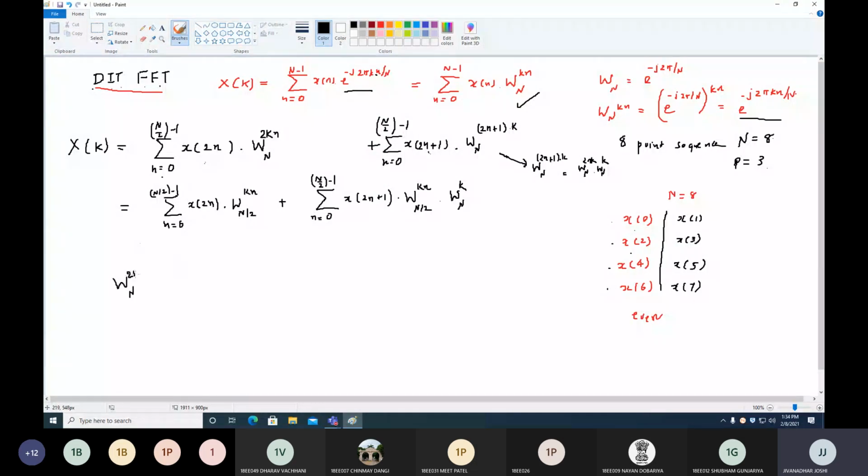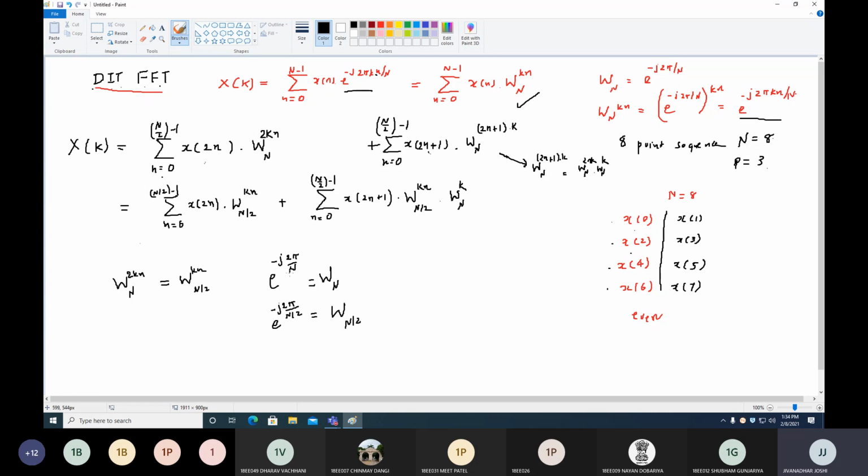W_N raised to 2kn is equal to W_(N/2) raised to kn. This is because of the notation we have taken. We know that we are referring to W suffix N as e raised to j 2 pi by N. So if I want to write down W_(N/2), this should be equal to e raised to j 2 pi divided by N by 2.